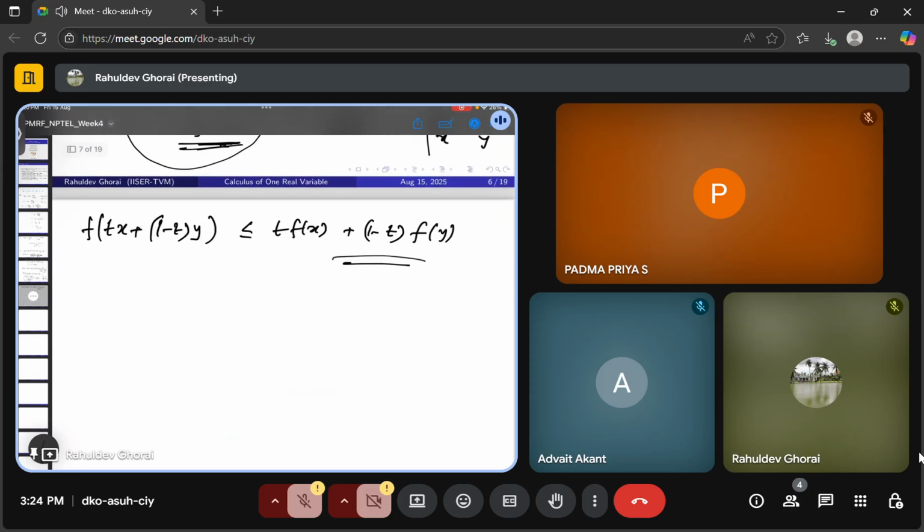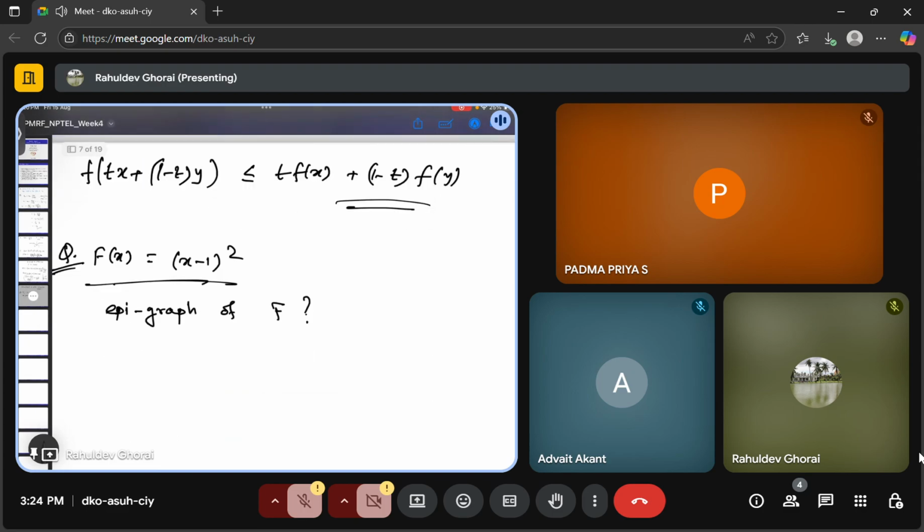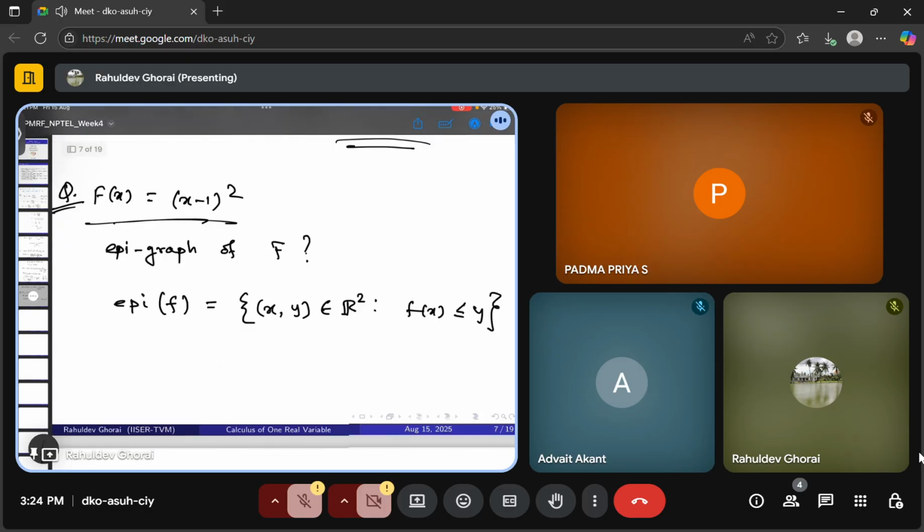Okay, so now we come to epigraph. What will be the epigraph of this f(x) equal to (x minus 1) whole square? Question. Epigraph of f is usually defined as all those (x, y) belonging to R2 such that f(x) has to be less than or equal to y, right?